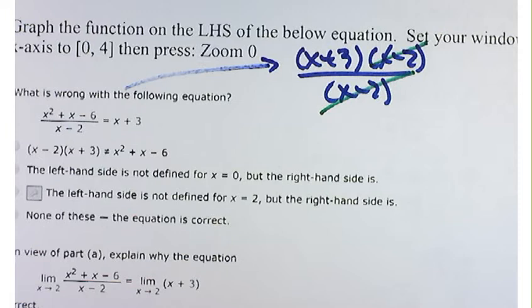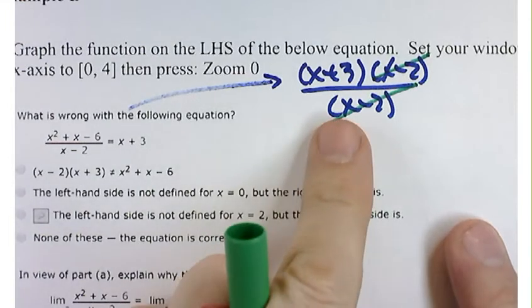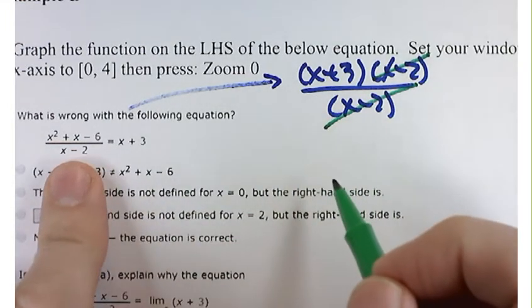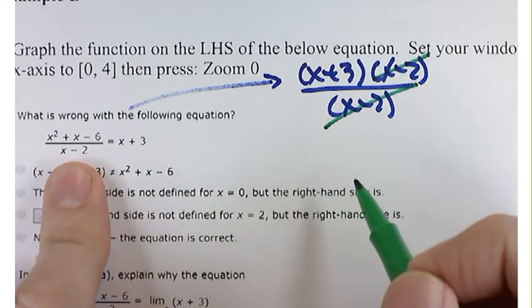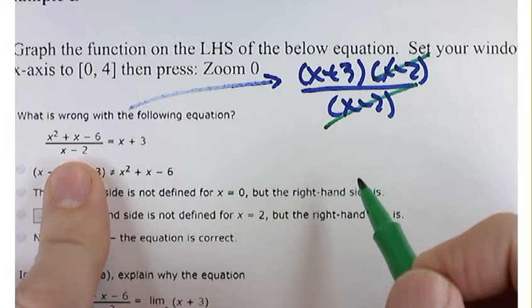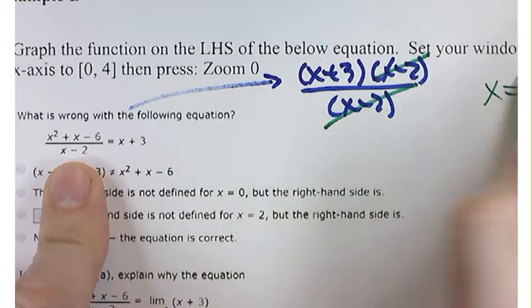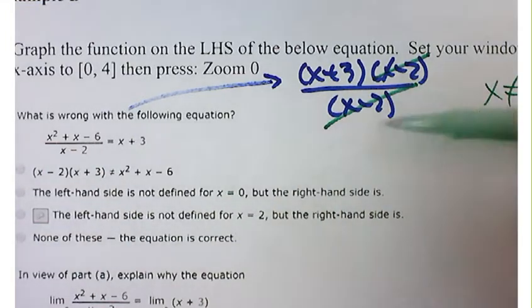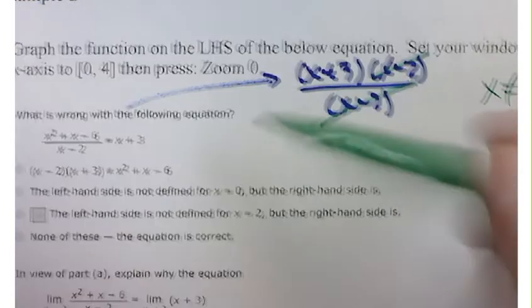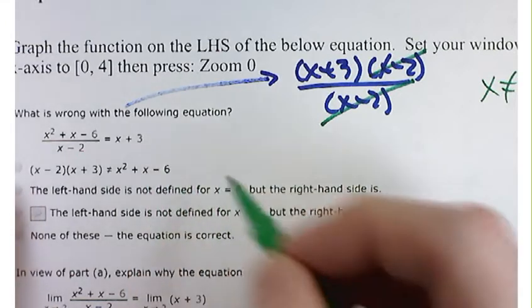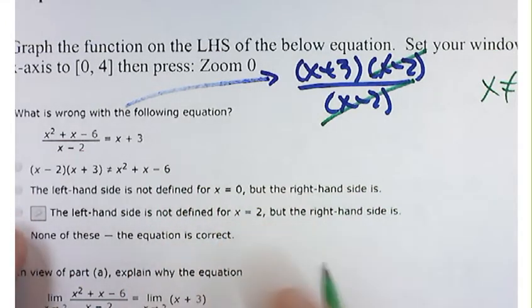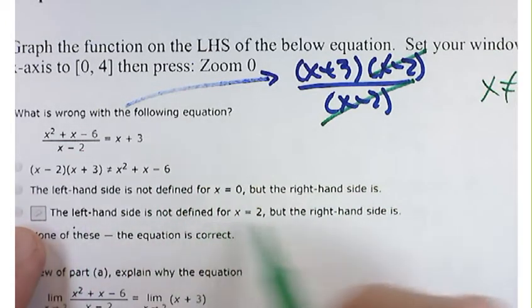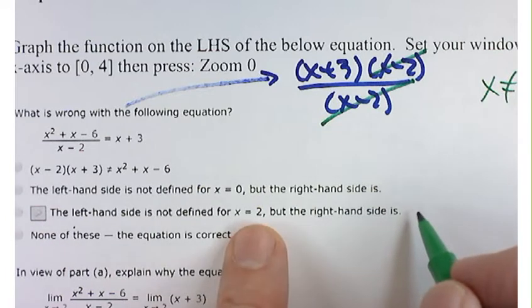Cancellation, man, nice. The thing is, you can cross this out, but you have to remember, is that function defined at 2? It's not. So as long as x is not equal to 2, you can do this. And that's the big thing with this question here. It says, what's wrong with this equation? And what's wrong with this equation is that the left-hand side is not defined for x equal 2.